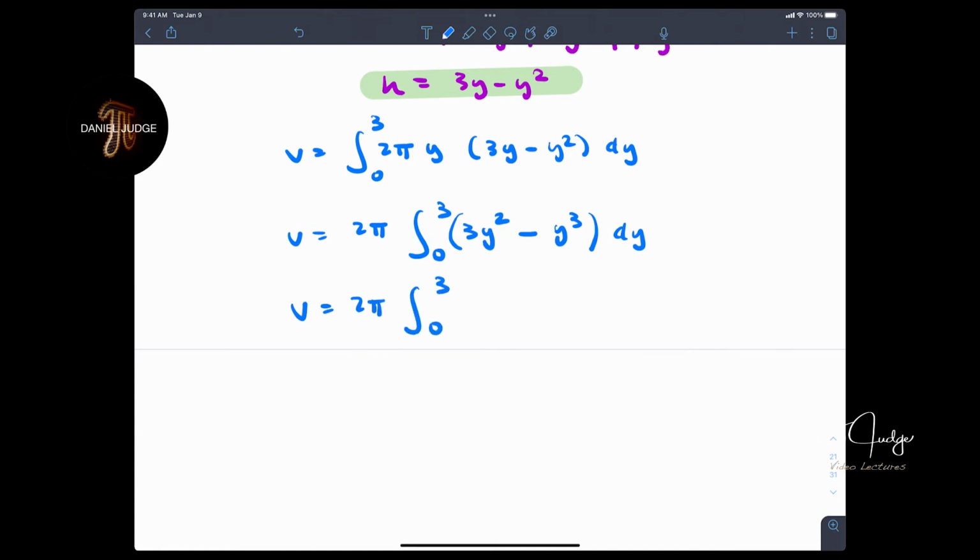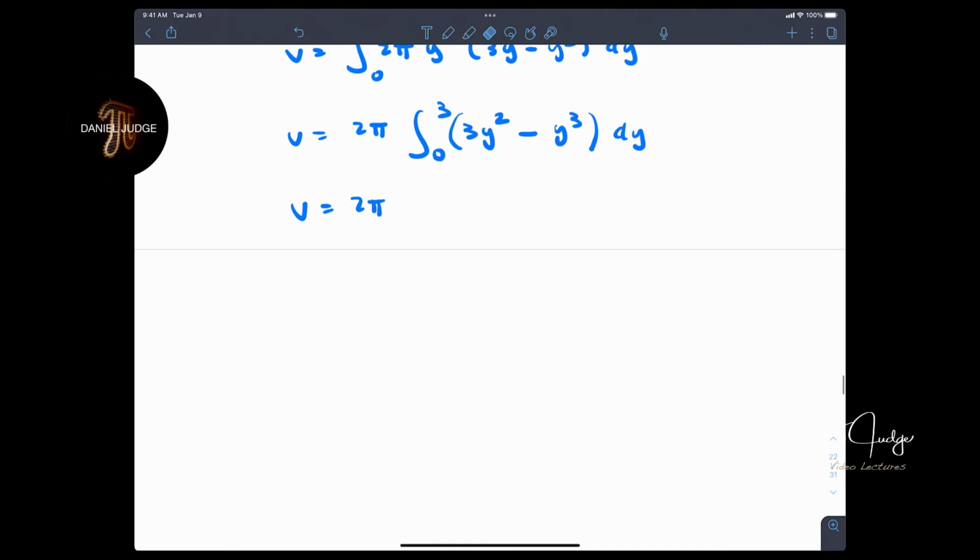Okay, let me double check. 3y squared minus y cubed. Okay.